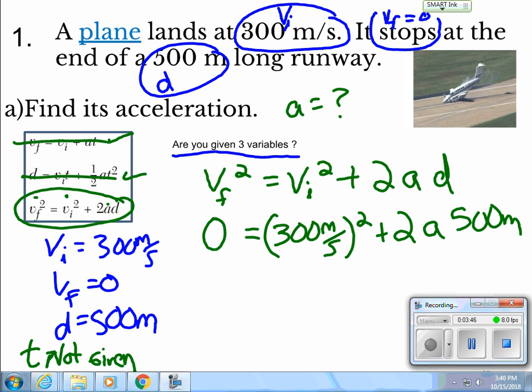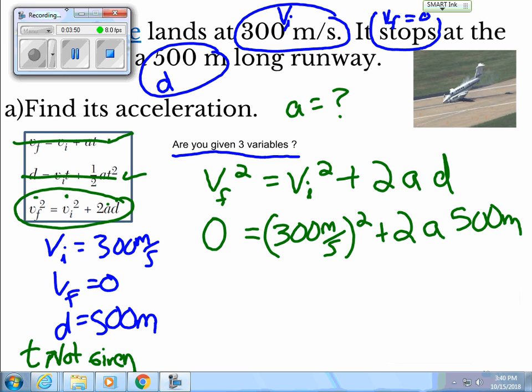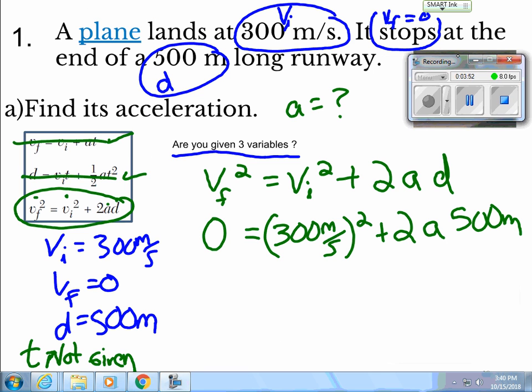Moving forward, I'm going to move the recorder far away, covering my airplane. Plug in my numbers. 300 squared would be 90,000 meters squared per seconds squared, because the squares go into all the parts, even the units.